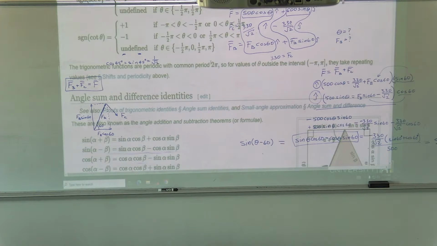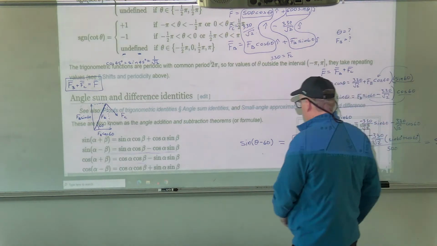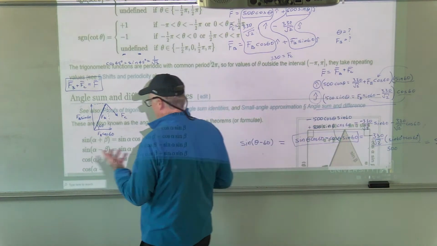And the same thing applies. And I think this is equivalent to 20.4 degrees and 279.6 degrees. So it depends on how you, I mean, it's just solving for theta, the angle.